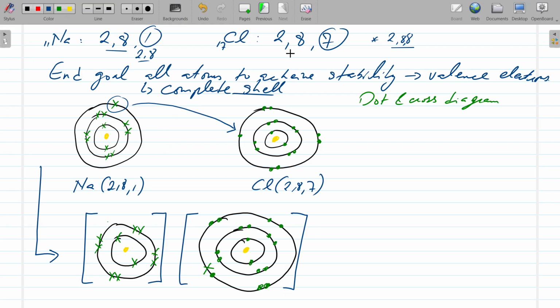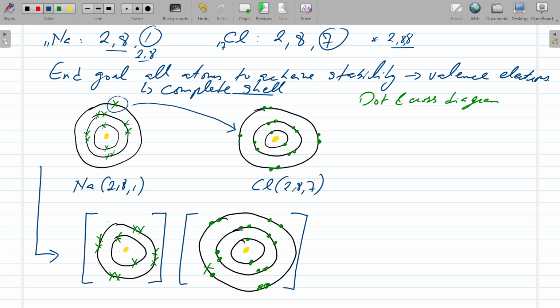Remember we talked about the charge on the ions back in chapter 2, I believe. When electrons are lost, then the atom has a positive charge because the number of protons is greater than the number of electrons. And when the atom gains an electron, the number of electrons is greater than the number of protons, and so there's a negative charge.